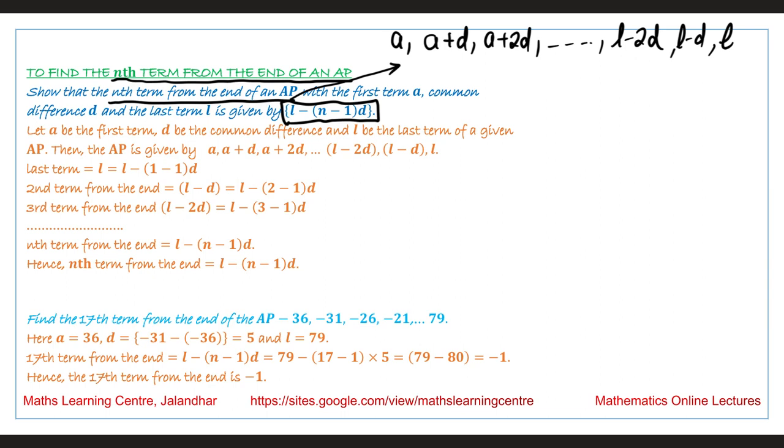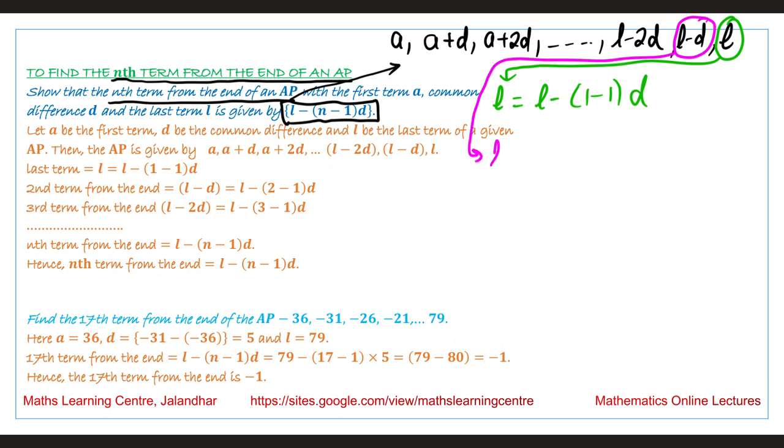If we look at the last term, it is l, we can write this as l minus (1 minus 1)d. The second last term is l minus d, which is equal to l minus (2 minus 1)d.